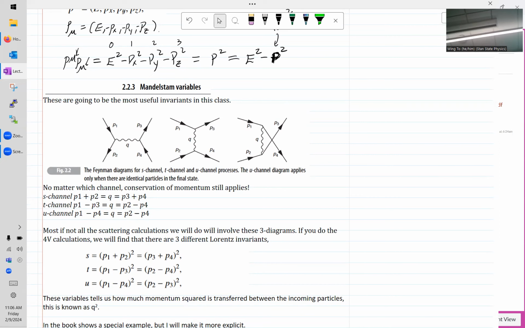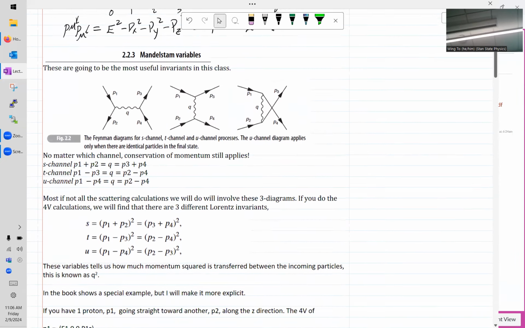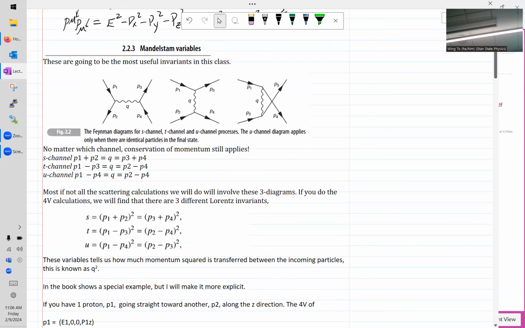It's just momentum. So let's say we already went through talking about these different types of scattering diagrams. So you have maybe a particle coming in here, an antiparticle coming in this way. Let's say an electron and a positron annihilating with each other, then producing some other particles on the other side, okay?